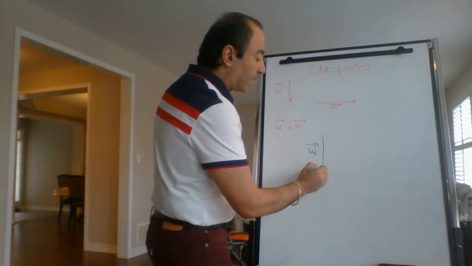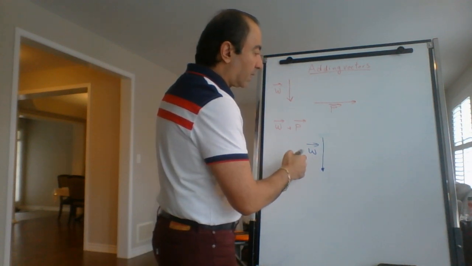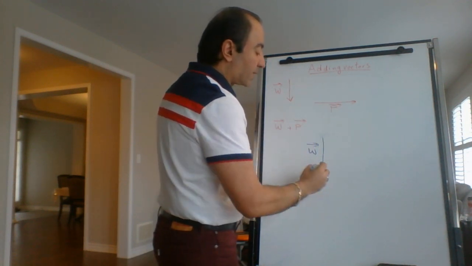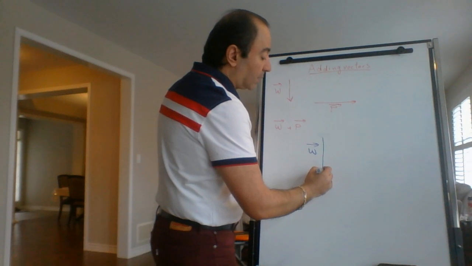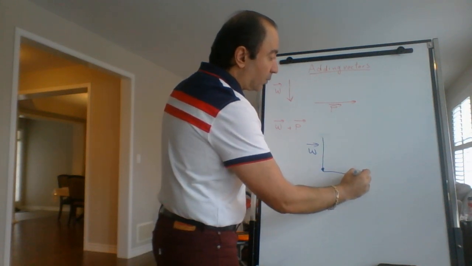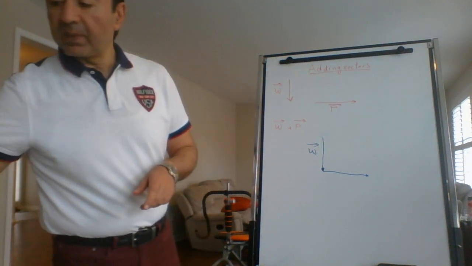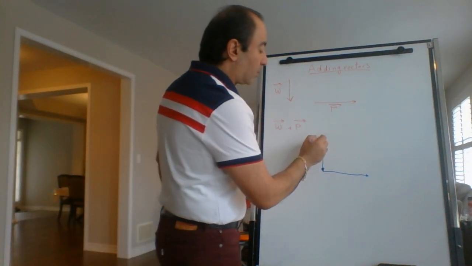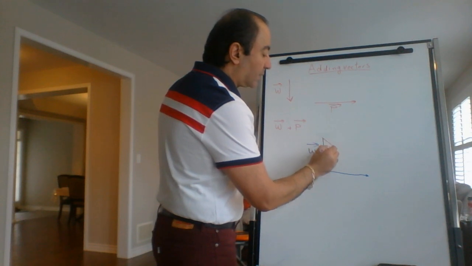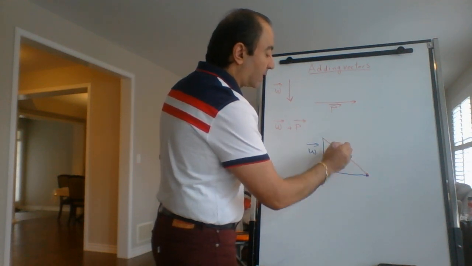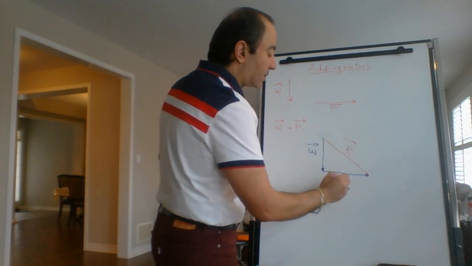And from the head of vector W, I will draw a vector that represents P. So it will be parallel to P with the same magnitude. Then the resultant will be the vector that closes the shape, or connects the tail of the first vector with the head of the second. This is the resultant.